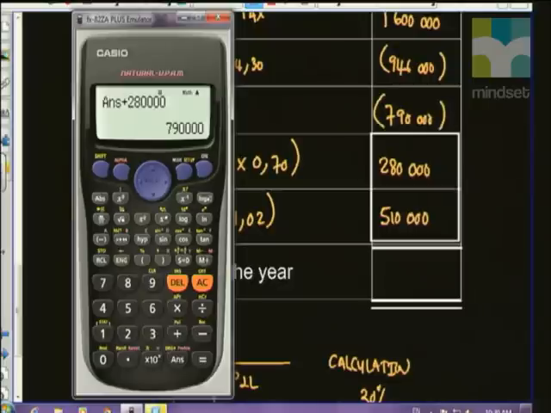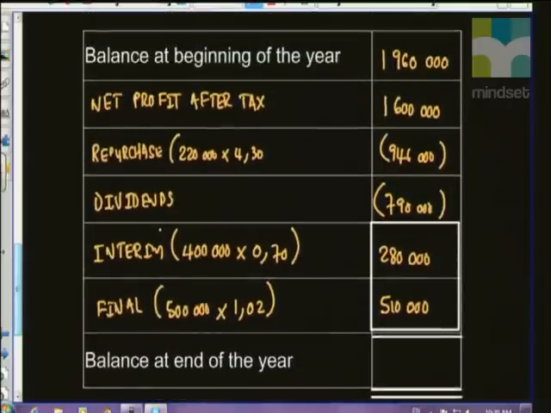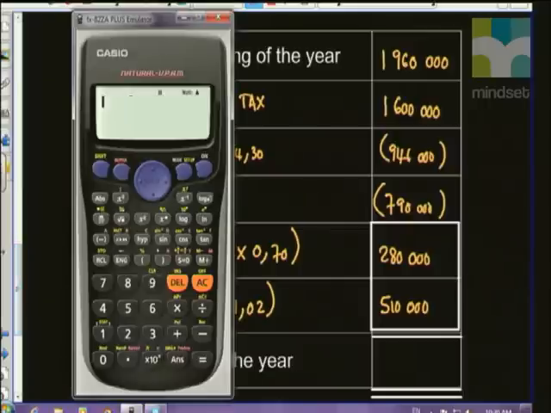Right, we can now complete our note by starting off with my balance at the beginning of the year, which was 1,960,000, taken into account, plus the 1,600,000, which was my net income after tax, minus 946,000.